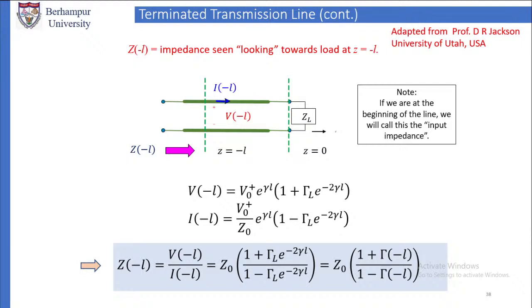This is the expression for impedance in terms of reflection coefficient in a terminated transmission line.